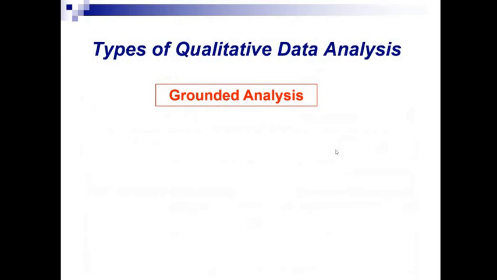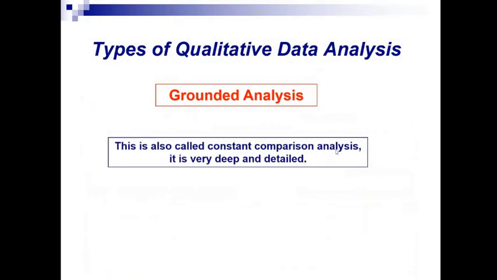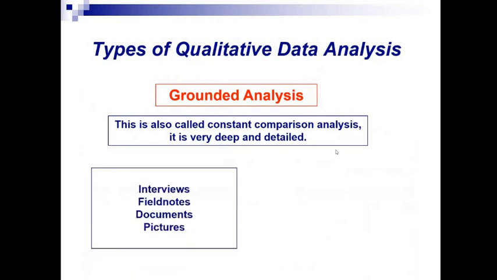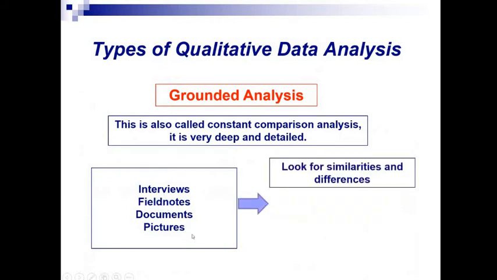Grounded analysis is another type of analysis, and this is also called the constant comparison analysis because it's very deep and detailed, meaning that we gather our data from various sources. It's not enough that you only focus on one source of data, such as interviews, but you also use other sources of data, such as field notes, documents, and pictures, so that you can make a comparison, okay?